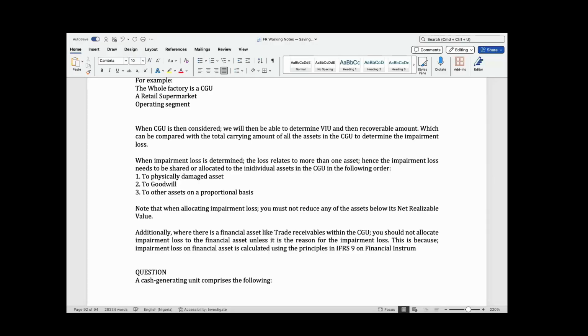It has its own way of determining impairment loss. So when you are doing your allocation, just leave it alone.